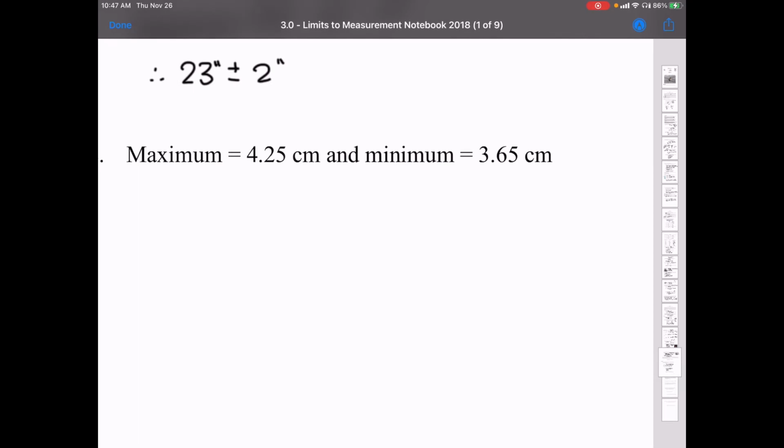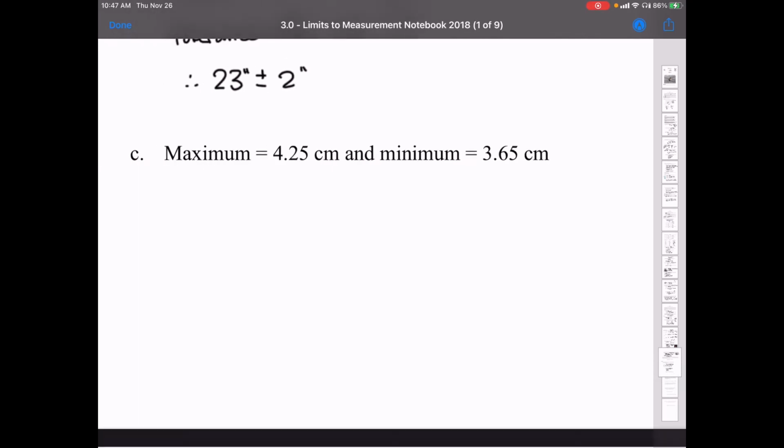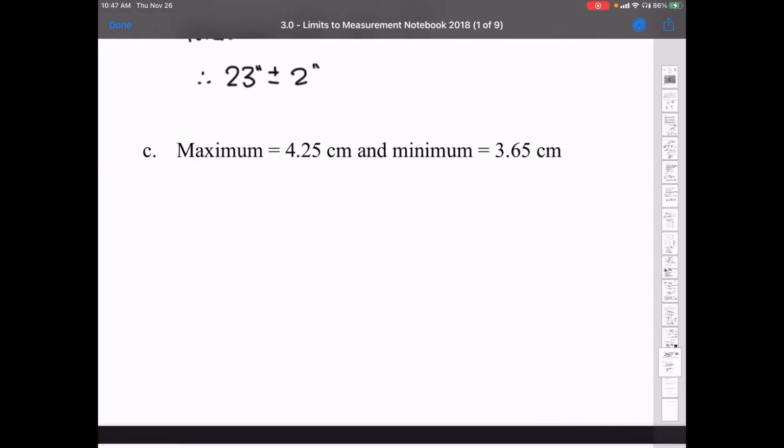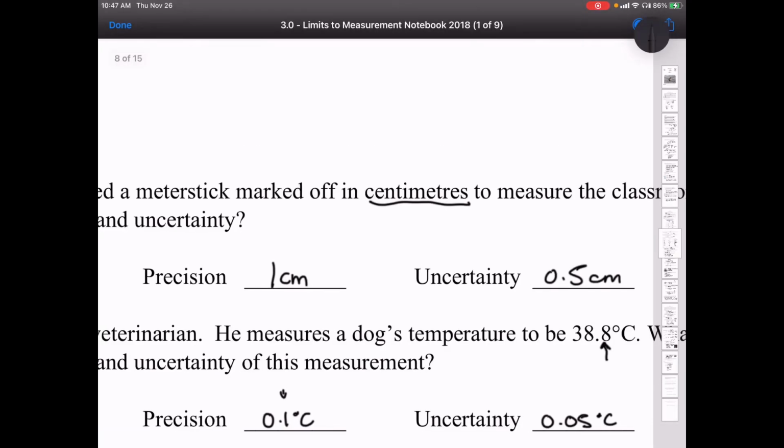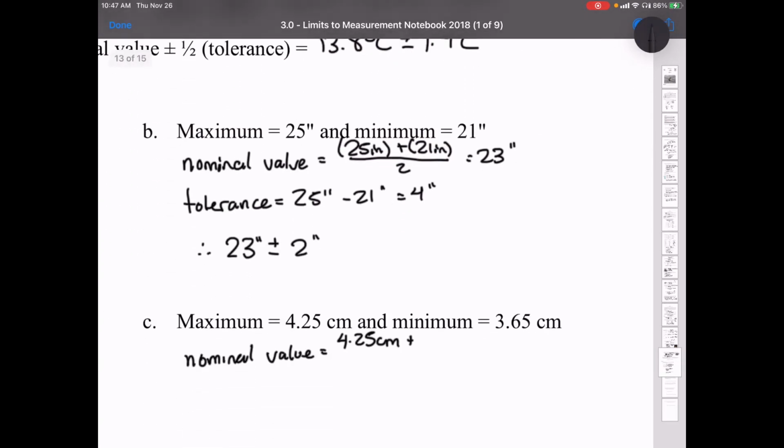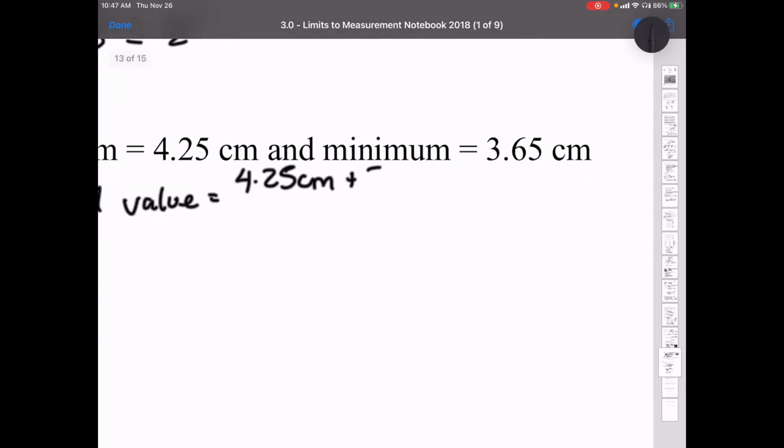Okay, last one, 4.25 centimeters for a max and 3.65 for a min. So same thing as before, our nominal value would be 4.25 centimeters plus 3.65 centimeters, all divided by 2, would give you a nominal value of 3.95 centimeters.